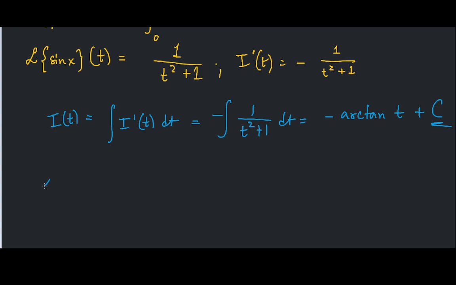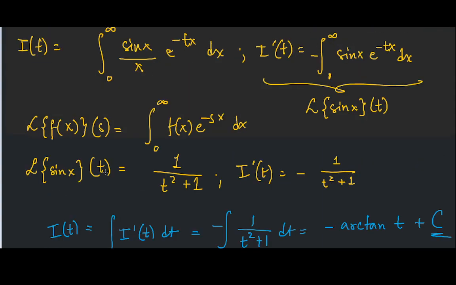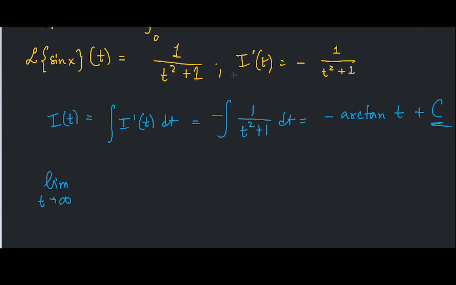The way we're going to do that is by making t go to infinity, and that is because this is a damping function, right? Its graph is somewhat like this: it just goes, and then eventually this becomes 0. So we're going to be exploiting that fact.